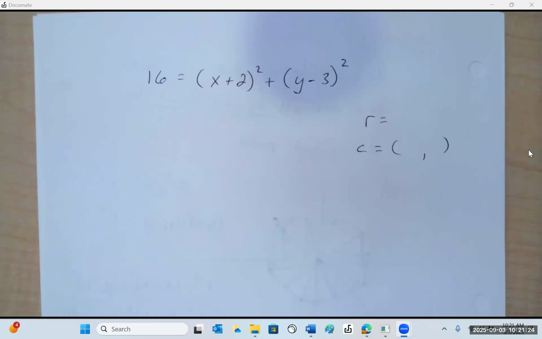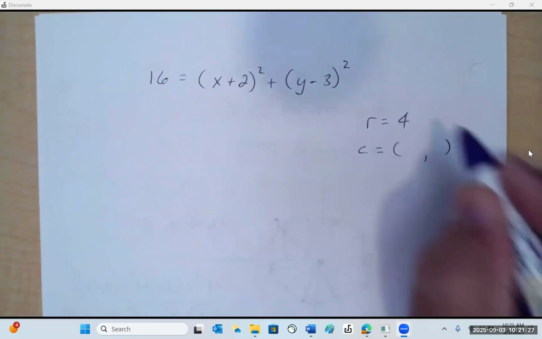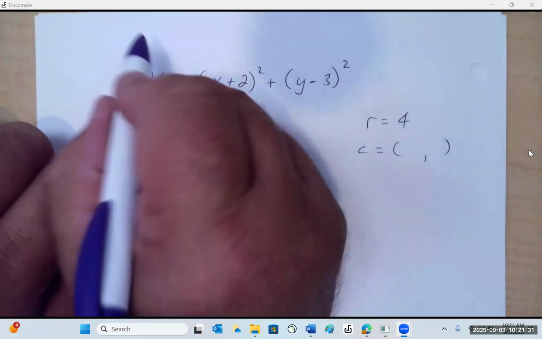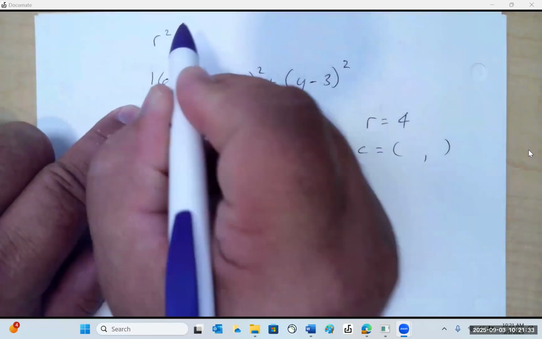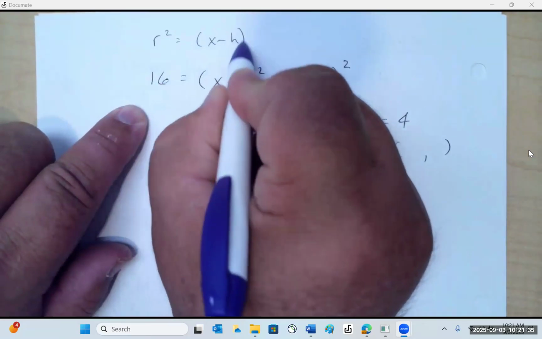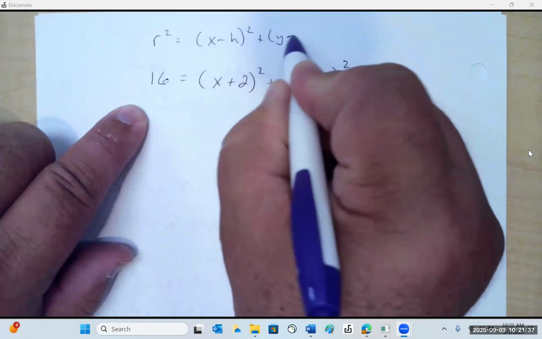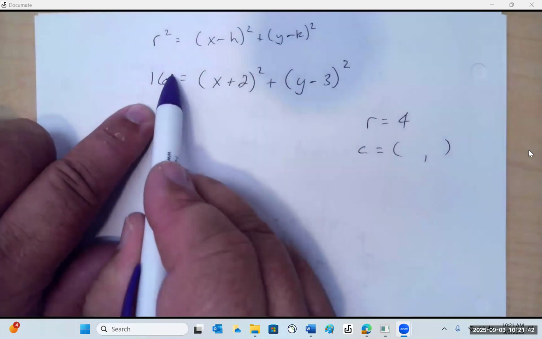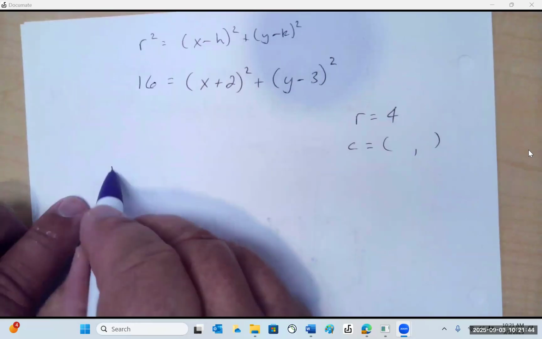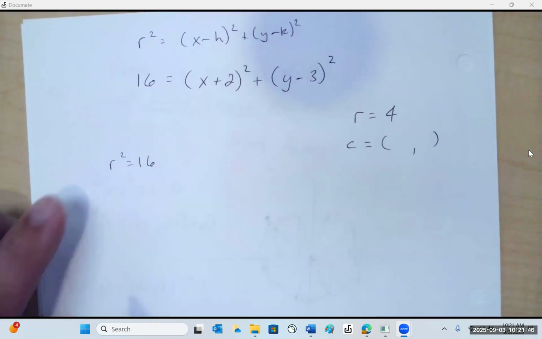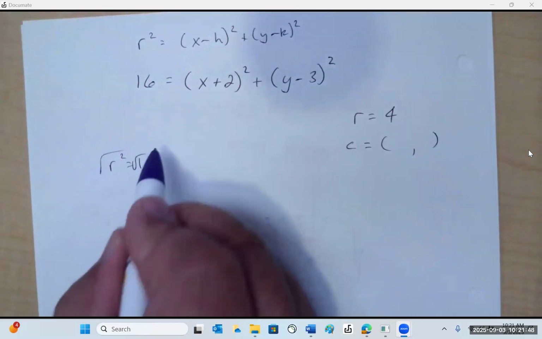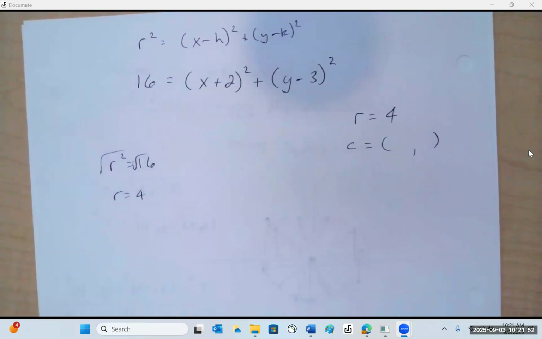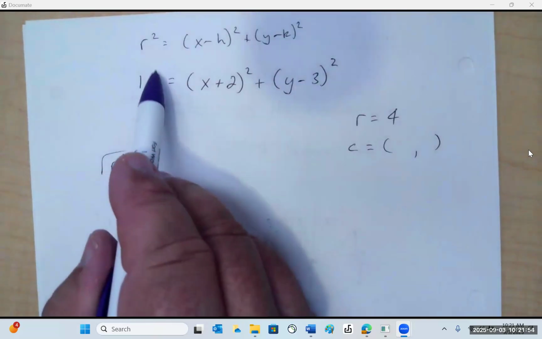It would be what? Very good. The radius would be 4. Because remember, the formula we're dealing with is R squared, X minus H squared, Y minus K squared. Since there's no squared there, we know that R squared equals 16, so we have to square root it. R equals 4. Very good. If there's no squared there, then we have to square root it.